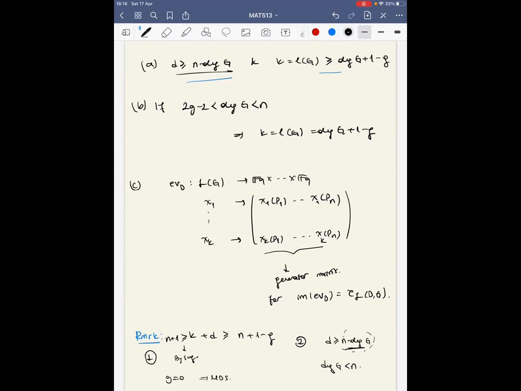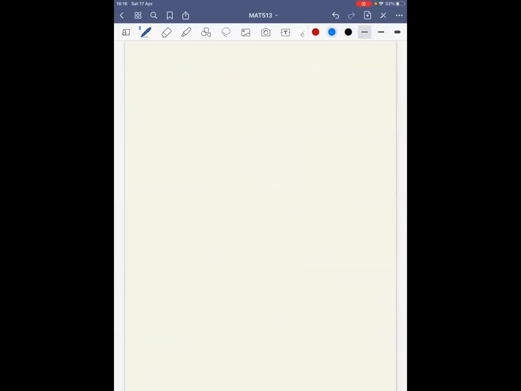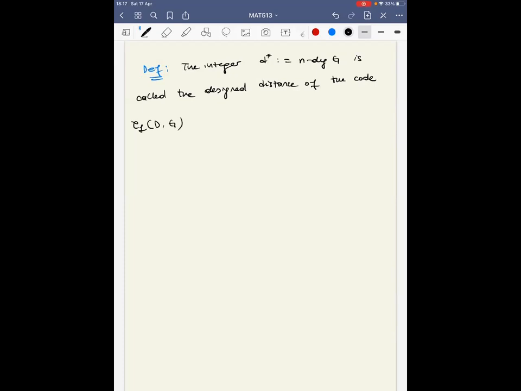So this is why we define what is called the design distance. The integer, which is defined exactly as the difference n minus degree of G, denoted by d star, is called the design distance of the algebraic geometric code defined by the divisors D and G.